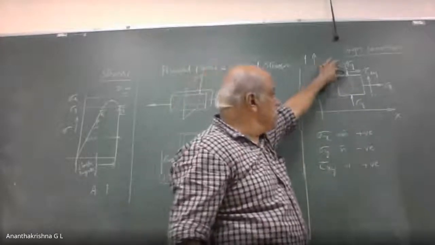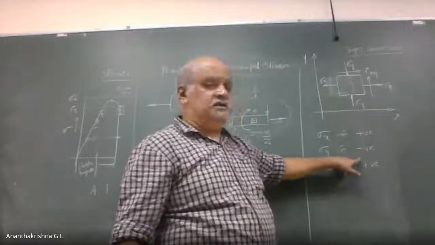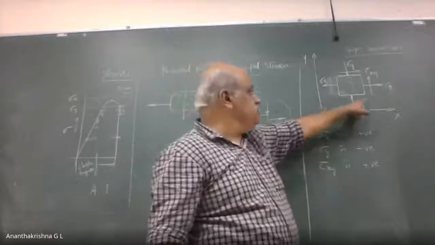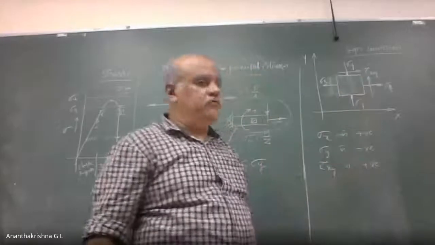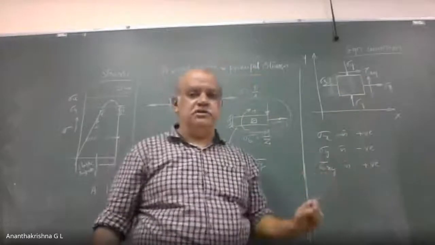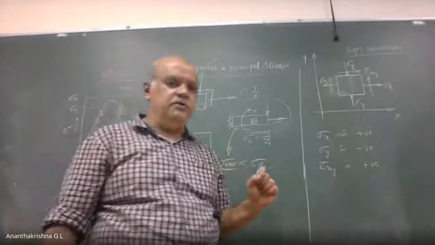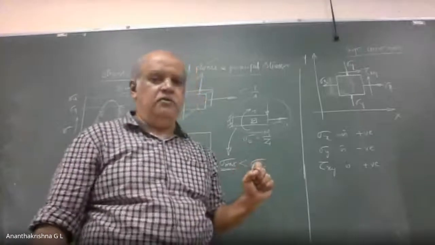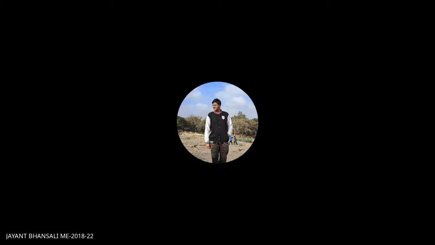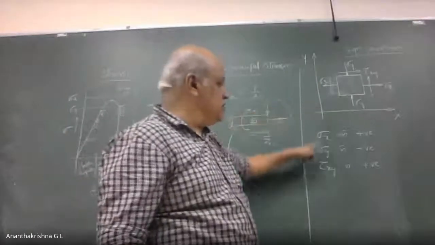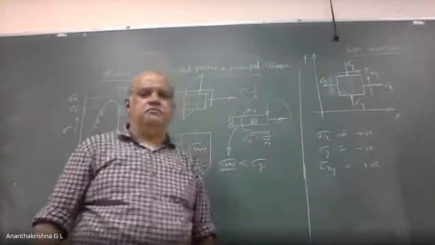If it is acting towards the element, it is taken as negative. And the shear stress is positive if it is to the right of the element and acting upward. Are you with me? Yes, sir. Please note down the sign convention sketch and these details.